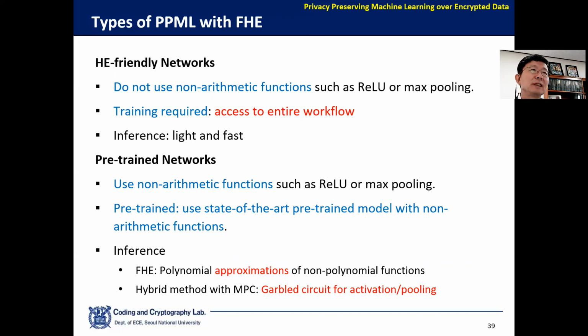It uses non-arithmetic functions such as ReLU and max pooling, so it should be pre-trained, using the state-of-the-art pre-trained model with the non-arithmetic function. But in inference, FHE uses the polynomial approximation of a non-polynomial function, and sometimes it uses the hybrid method with multiparty computation, such as garbled circuit for activation and pooling.